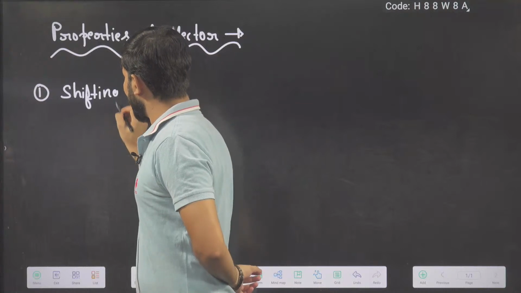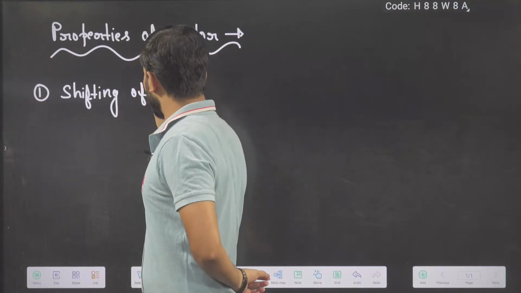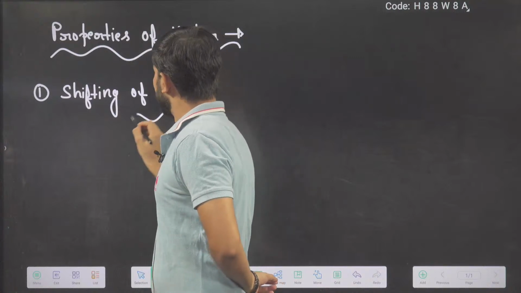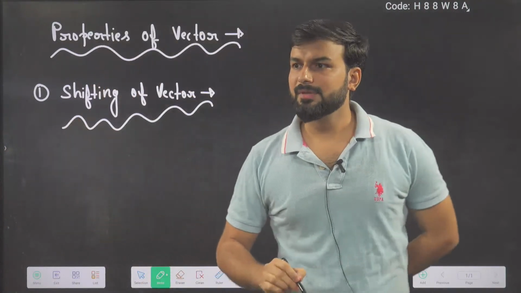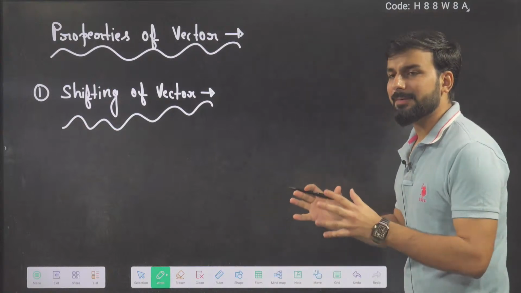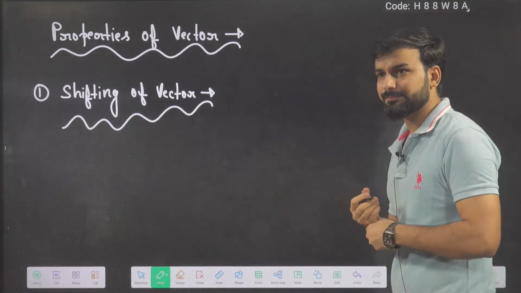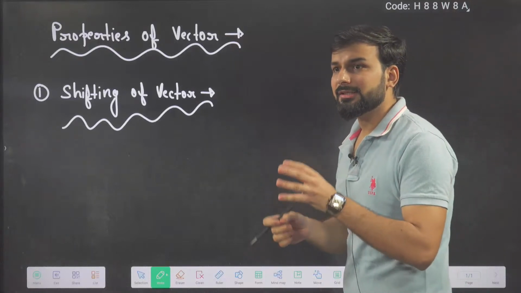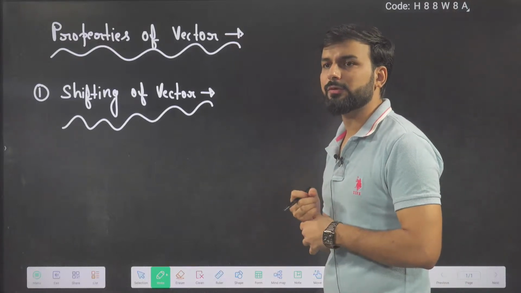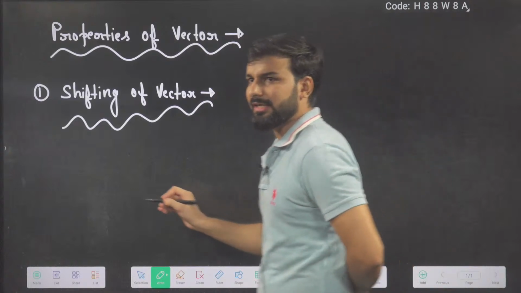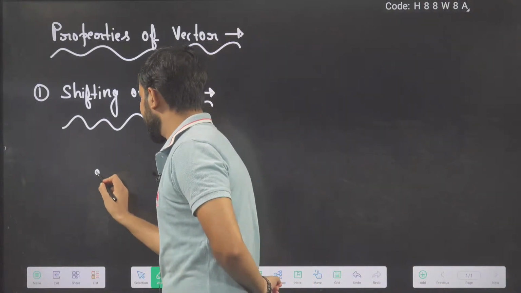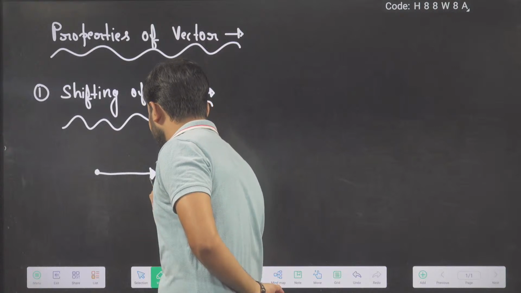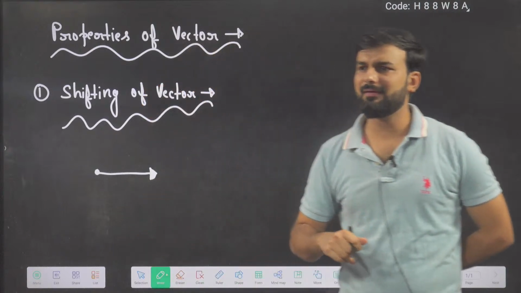Listen to this property, because I am going to utilize it again and again in vectors. Now see here, if you have a vector A, this is the vector A you have.